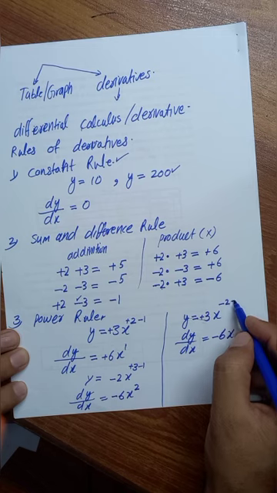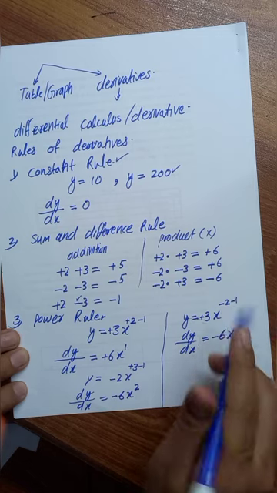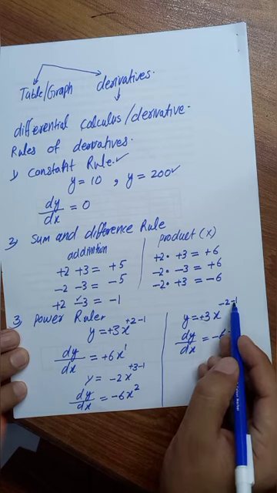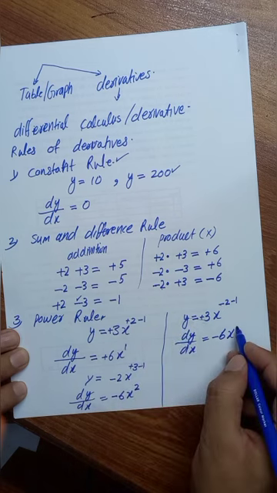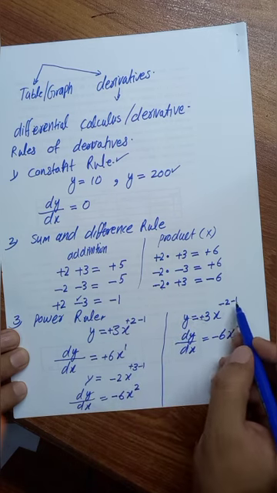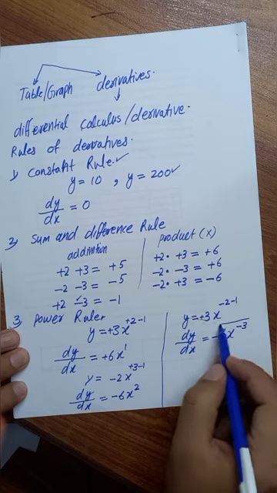Again we subtract 1. In subtraction, this is actually addition: this is a minus sign, this is a minus sign, minus minus, again the sign will be minus. And we are adding 2 and 1, it will become 3. So this is the power rule.